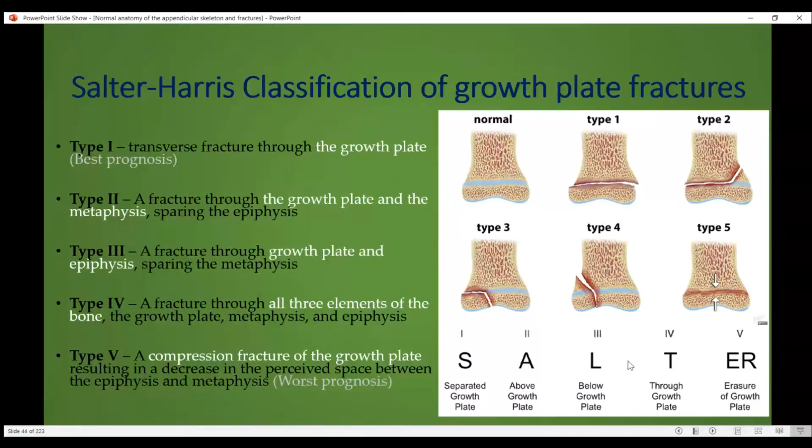Salter, Salter: type 1 for S, type 2 for A, type 3 for L, type 4 for T, type 5 for ER. So the classification can also be used as the S grade, A grade, L grade, T grade, E grade. Or they can also be said as type 1, type 2, type 3, type 4, and type 5. Okay, remember again.